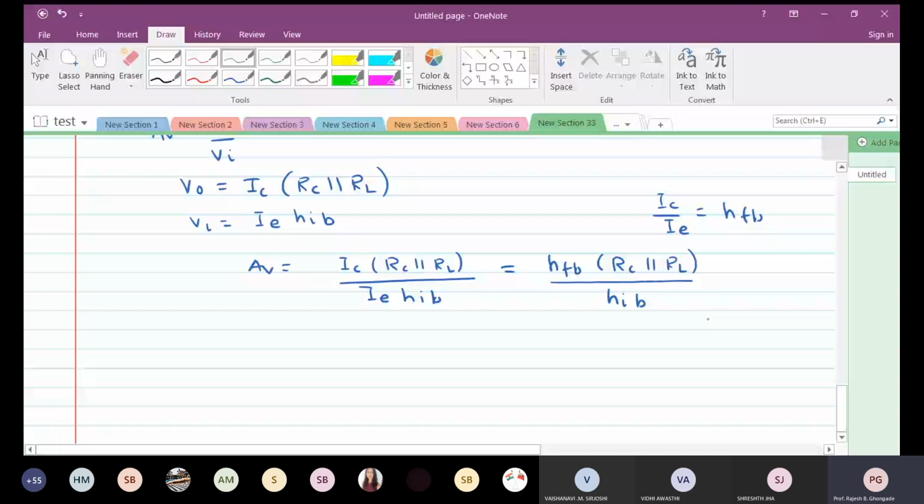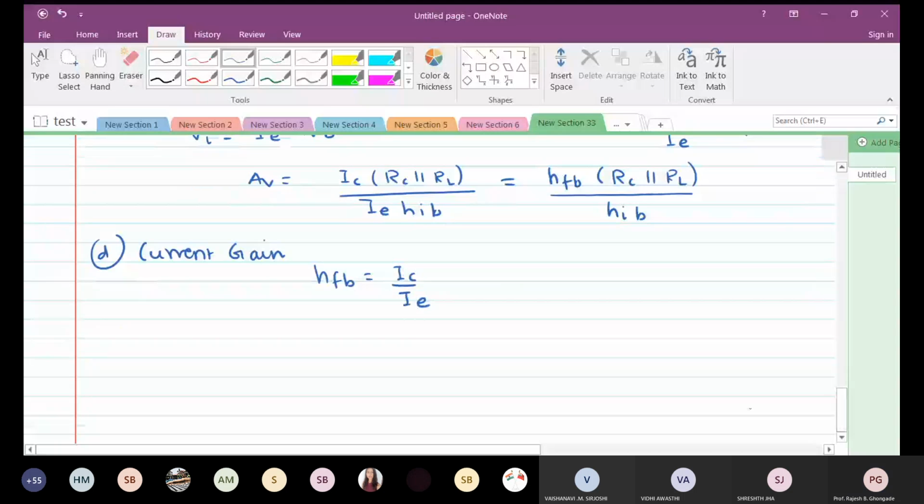All right. Next, current gain. So device current gain is what? HFB. This is the current gain, IC over IE. That is your device current gain. So what is the circuit current gain?